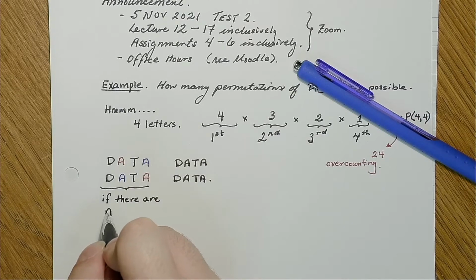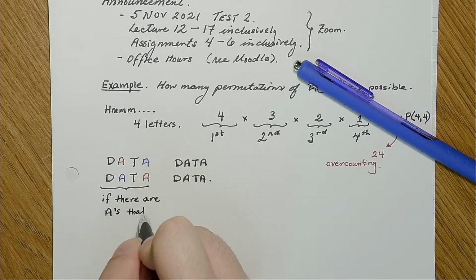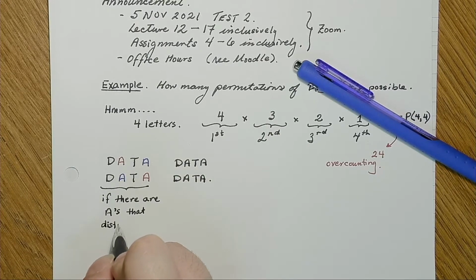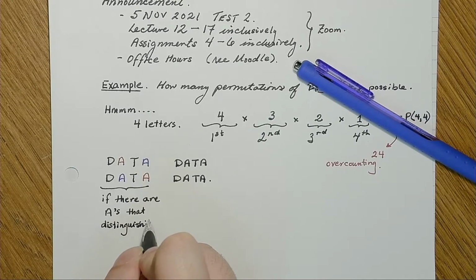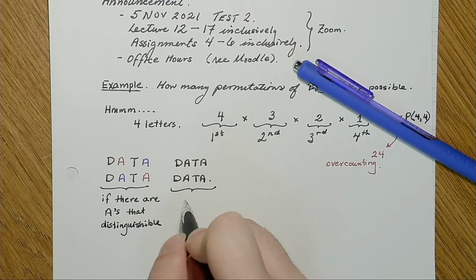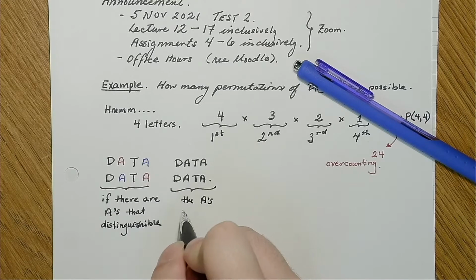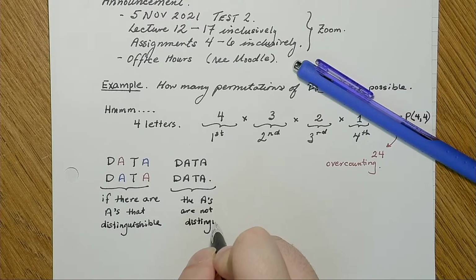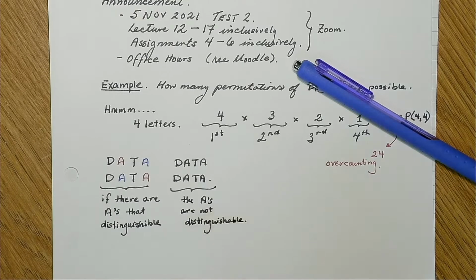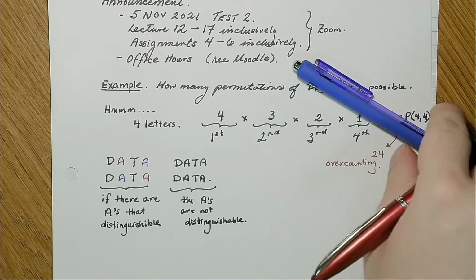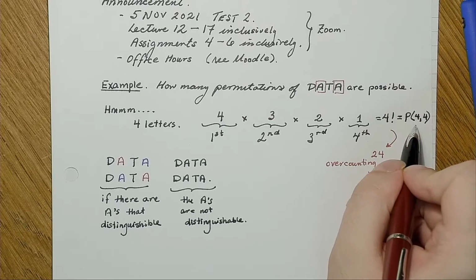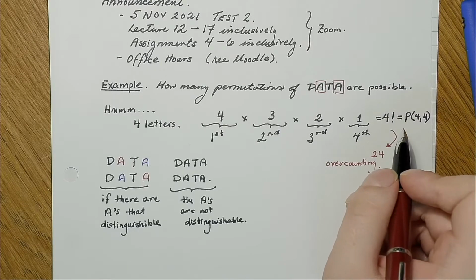The A's are not distinguishable. So we're overcounting using this 4 permute 4. Instead, we need to refine what we want to find.